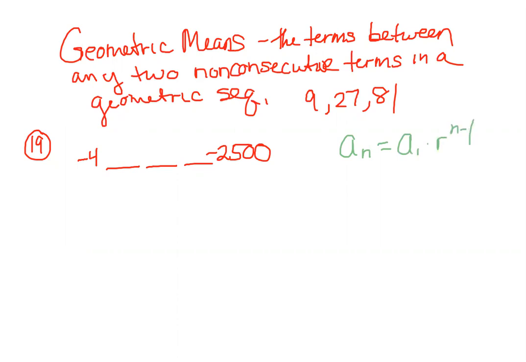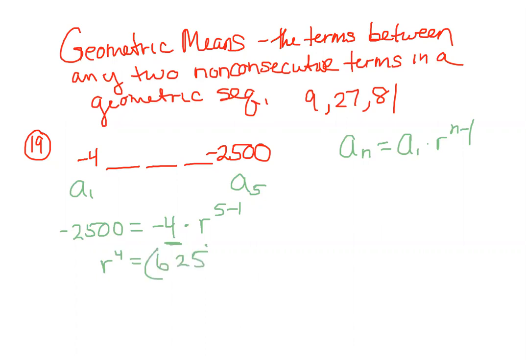So we're going to use our formula. We're going to pretend like this is A1, and this will be a 1, 2, 3, 4, 5. So we're going to say A5 equals A1 times R to the 5 minus 1, or 4. Now I'm going to divide by -4, and I'm going to get R to the 4th equals 625, and I'm going to take each side to the 1/4 power.